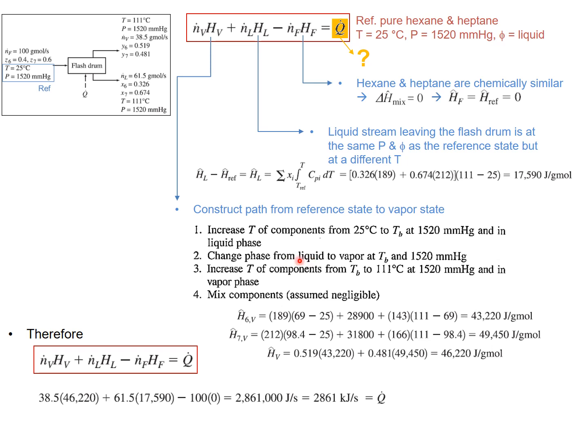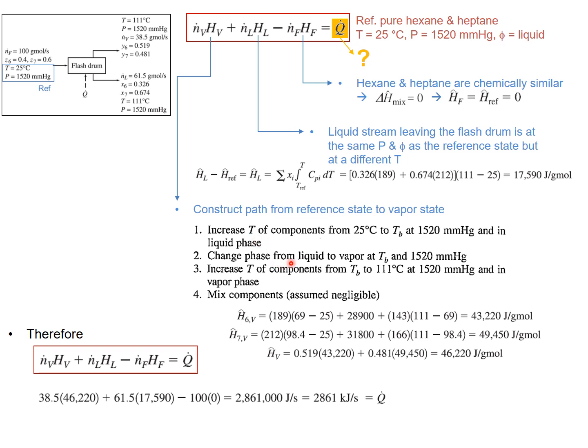So anyway, we experience some phase change at the boiling point, and then we should go to the target temperature, 111 Celsius degree. Increase the temperature of components from the boiling point to 111 Celsius degree at the same pressure and in vapor phase. In the first step, we are still below the boiling point, so the temperature is increasing in the liquid phase.